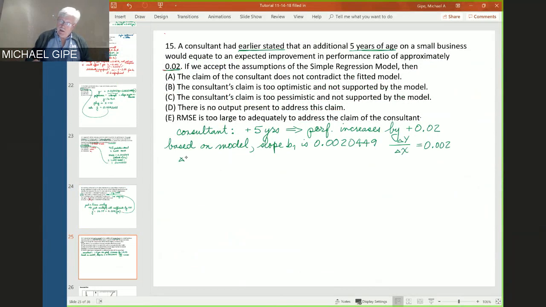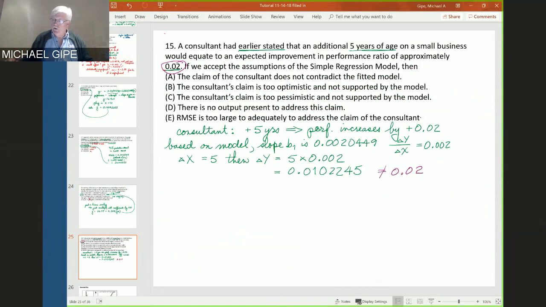And so if delta x, the change in years, is 5, then the change in performance, delta y, is equal to 5 times 0.002, which is approximately 0.01022245. Okay, well, that's not the same as the consultant's prediction.